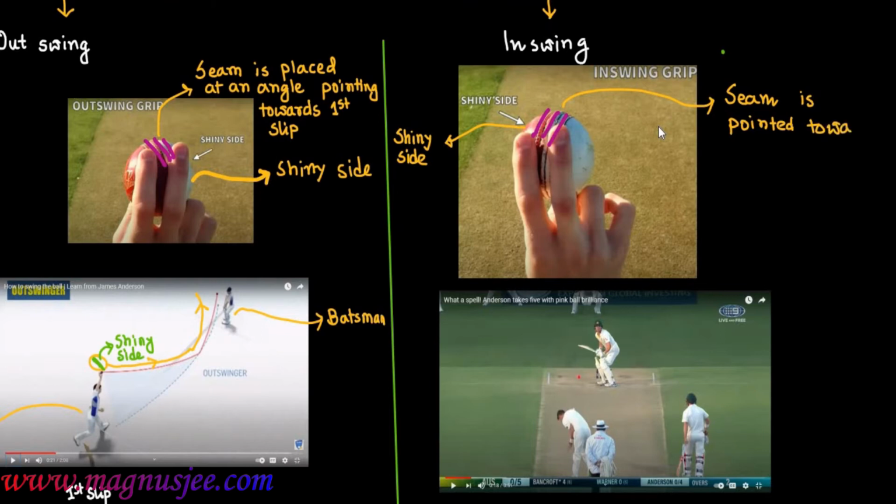For outswing, the seam was pointing away from the batsman, but for inswing, the seam is pointing towards fine leg, towards the batsman. The shiny side exists on the opposite end of the ball. We can denote the actual trajectory. The bowler throws the ball in this direction, and the ball swings inwards towards the batsman.